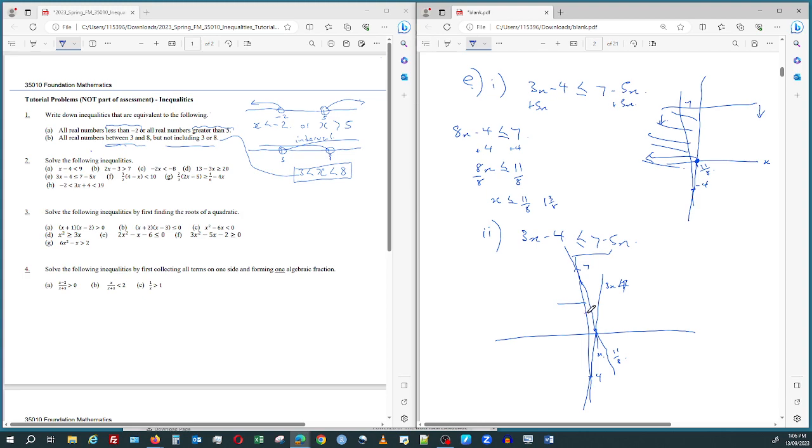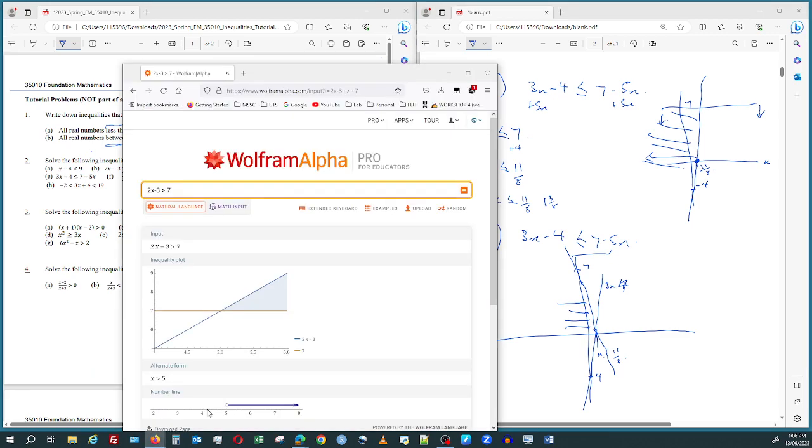So these regions, it's very, very interesting, isn't it? So we're going to use technology to check that one, just so that we can get a bit of experience from it. So we've got 3x minus 4 is less than or equal to 7 minus 5x.